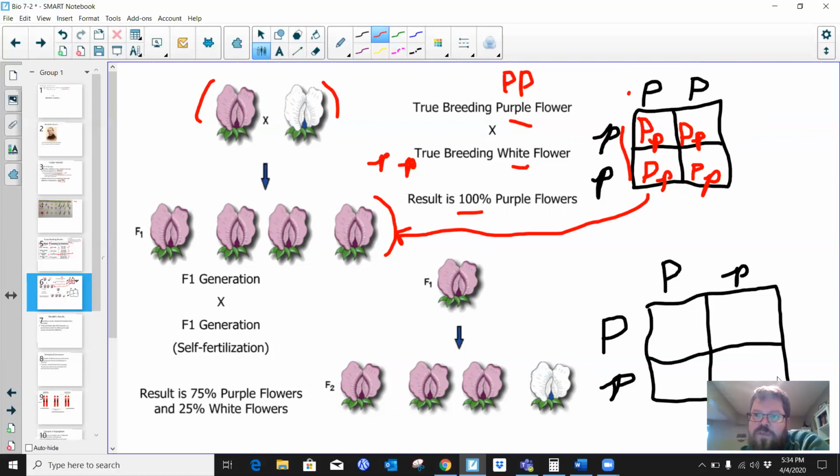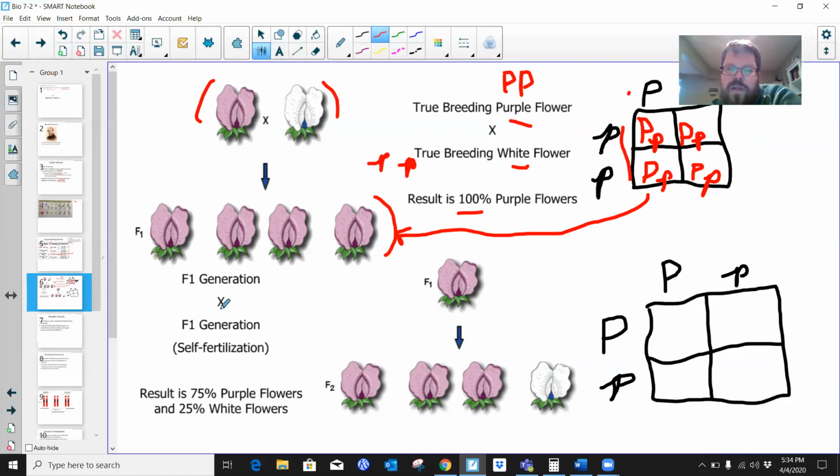Now I'm going to move my image up here, okay? Then what he did is he took the F1 generation and crossed them, or self-fertilized them, and saw what happened. So now he knows, ultimately based off the statistical evidence that he collected, that he had two individuals, the two parents, that were heterozygous, meaning that they had a dominant and a recessive allele.